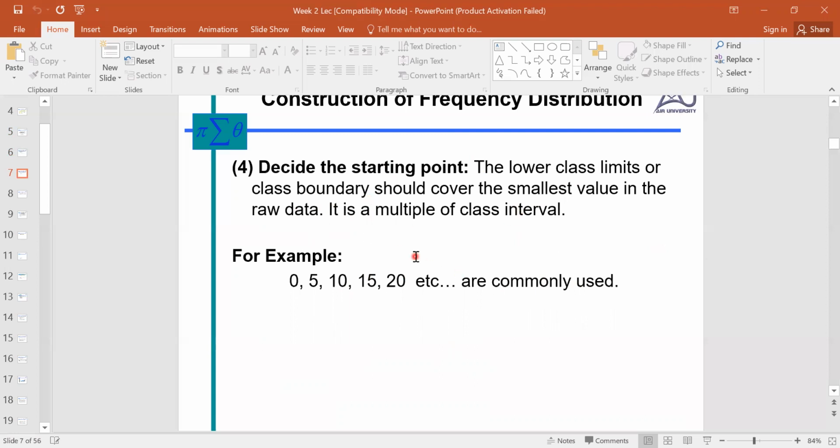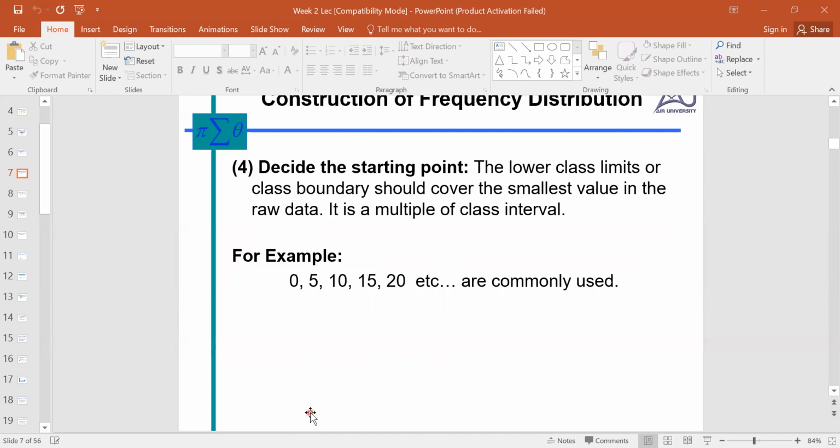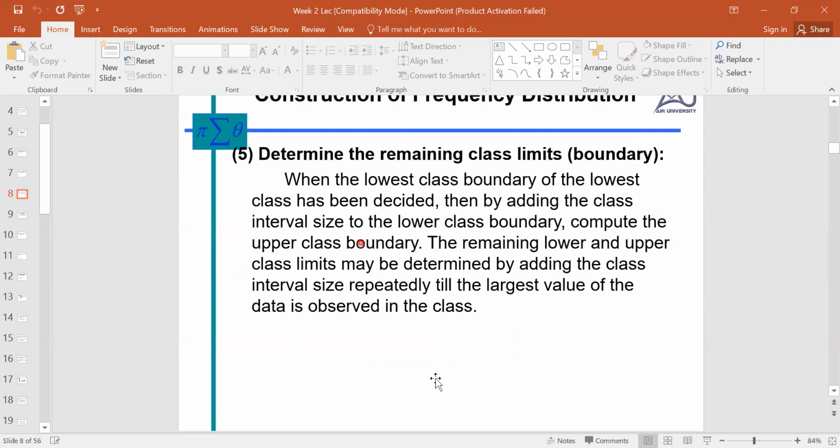After deciding the starting point, you have to find the remaining class limits, which is very easy once you have decided the starting point. You just have to add the class interval to the classes.